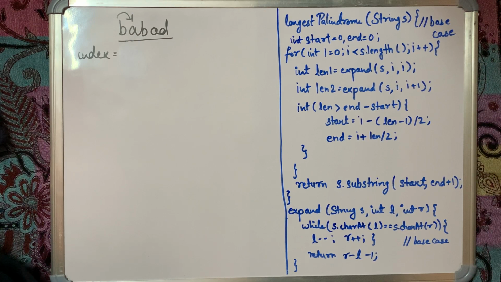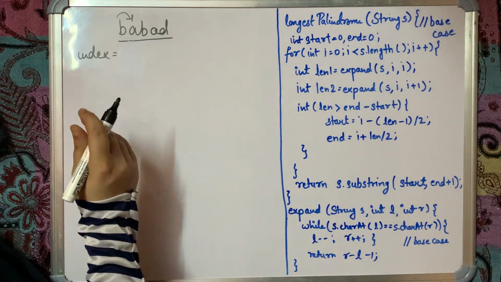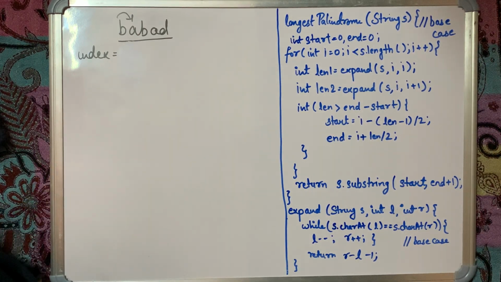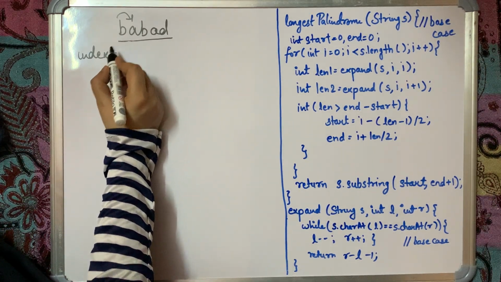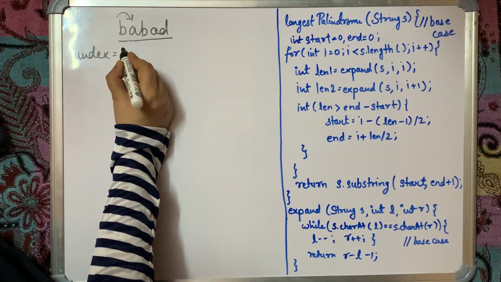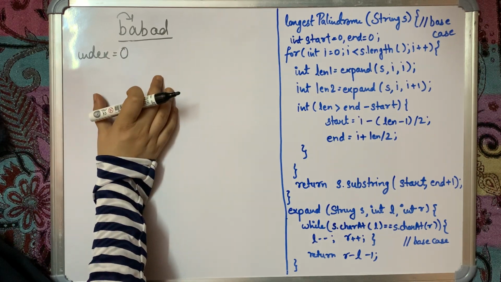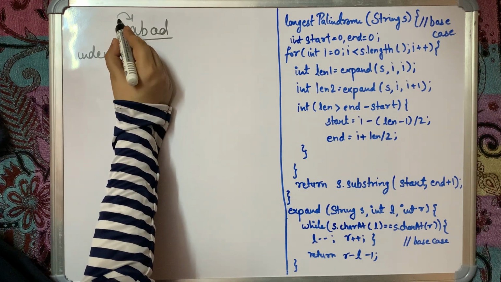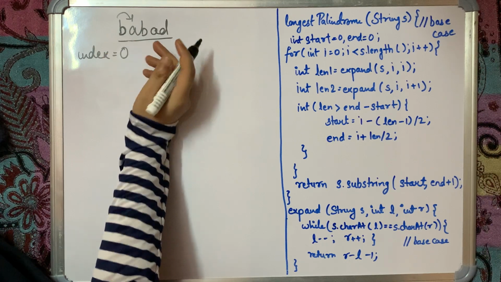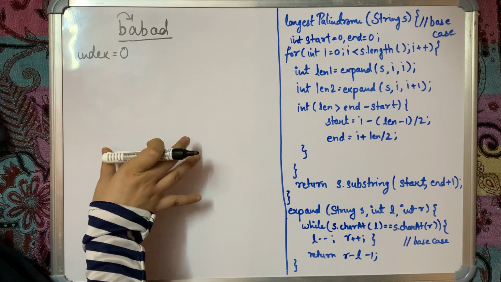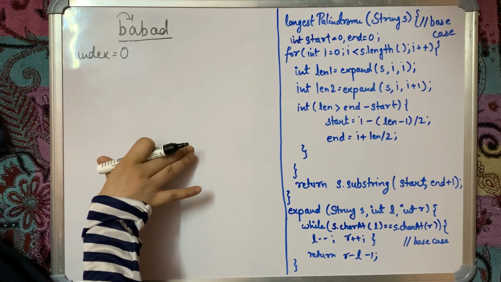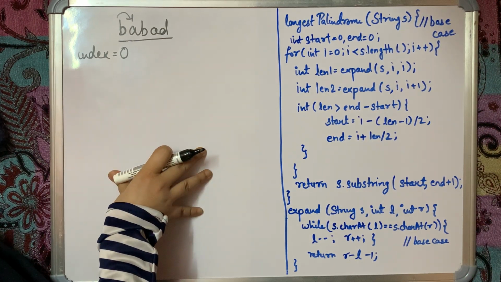The solution works in such a way that instead of checking all the strings to see whether they are palindromes, we consider each index. Let's say this is your string, then considering index B, which is index 0, if you keep B as the center of the string, what is the maximum length of string possible that is a palindrome?